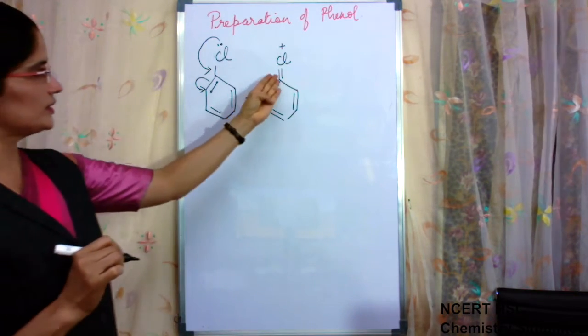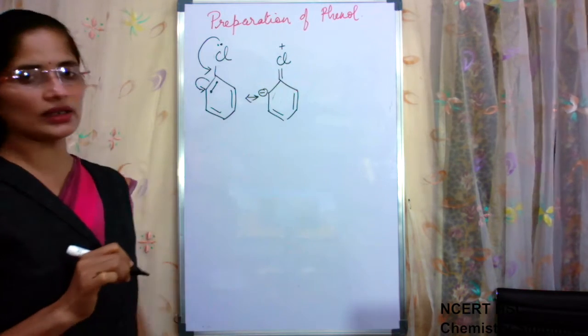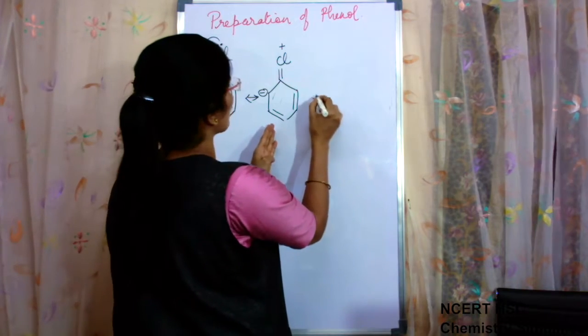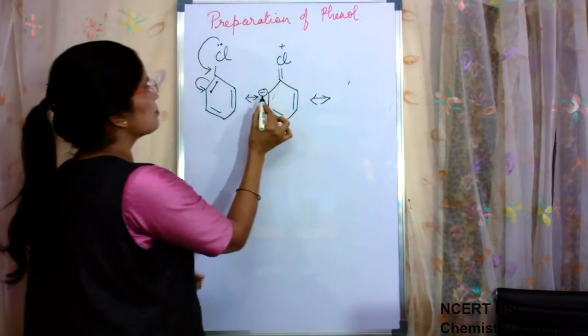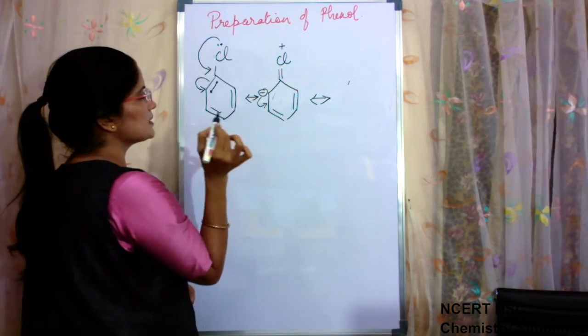So we see that the bond between carbon of the ring and chlorine acquires partial double bond character. The next structure will also be like this. Because this negative charge is here, it will come here to stabilize the ring.